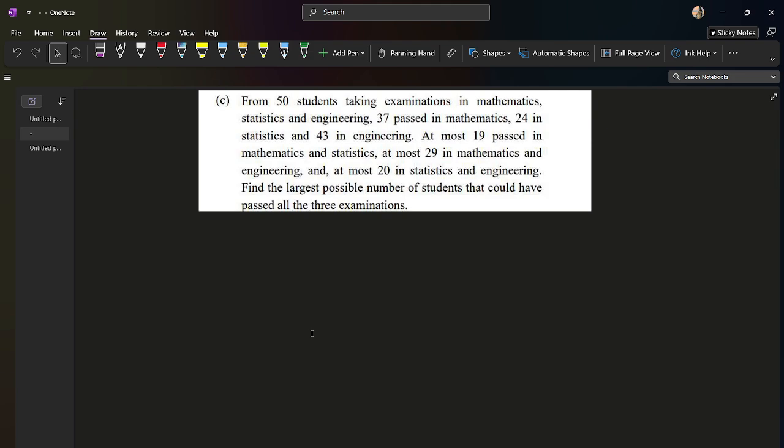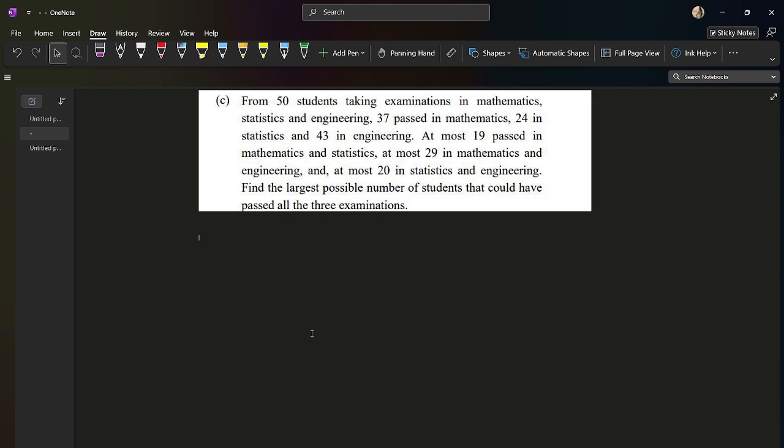Find the largest possible number of students that could have passed all the three examinations. So I think this is a very primitive question of set theory. This is a very easy question. So now we are tasked with finding the largest possible number of students who passed all the three examinations.